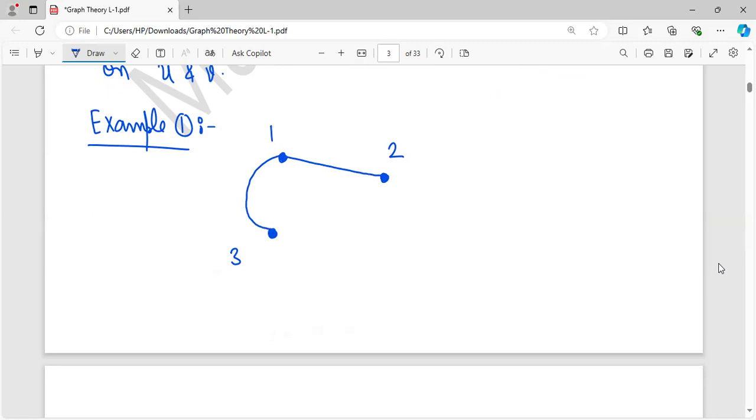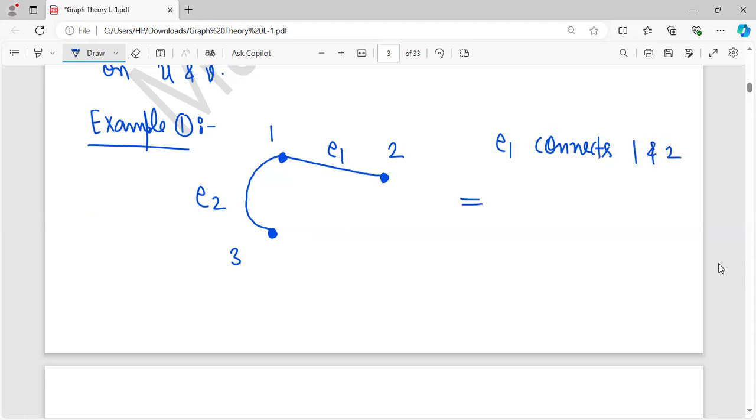So E1 is this, E2 is this. So E1 connects 1 and 2.